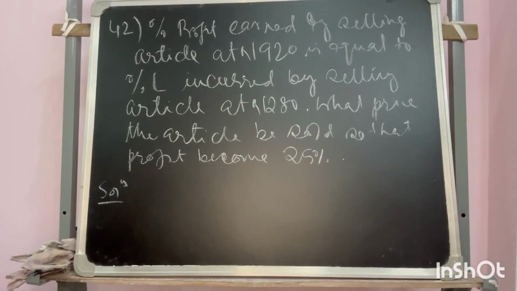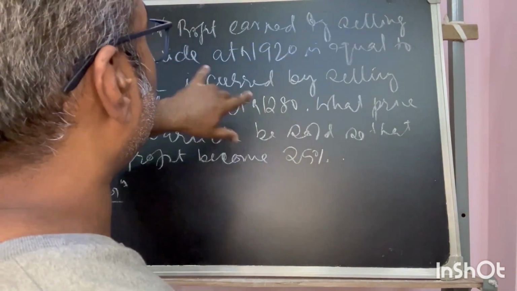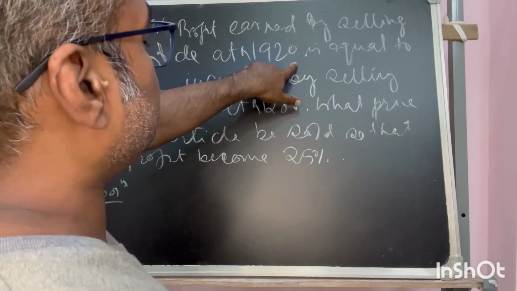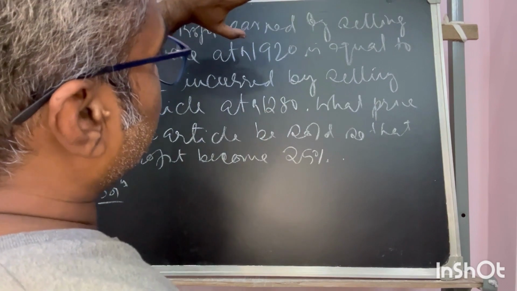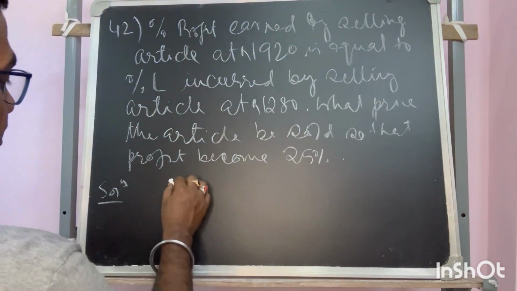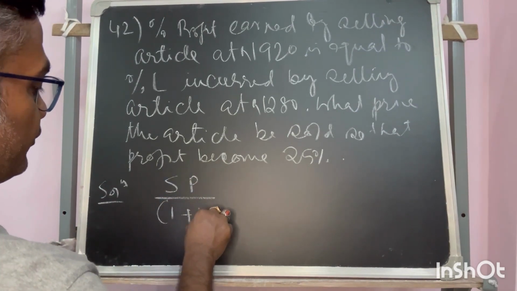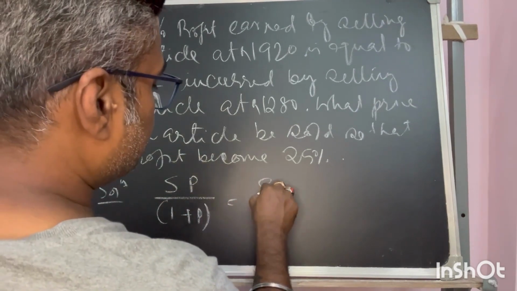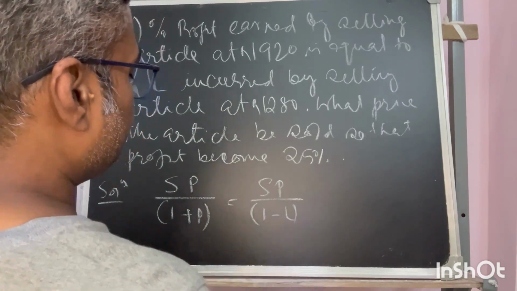I will go with that, because the profit earned by selling the article at this is the selling price, and the second case also this is the selling price. That means the cost price of the article is not varying, so if the cost price is the same, the selling price by cost price is 1 plus profit for the first case, and selling price by cost price is 1 minus loss for the second case.